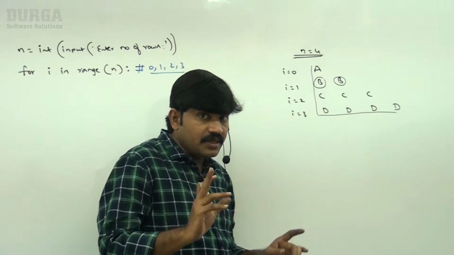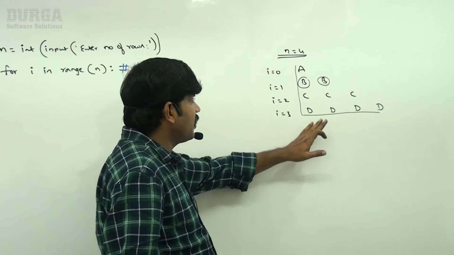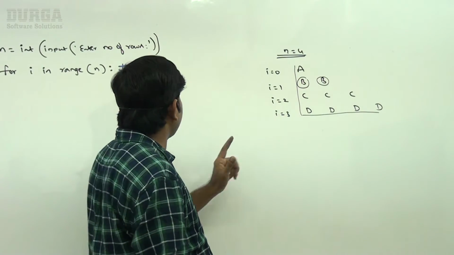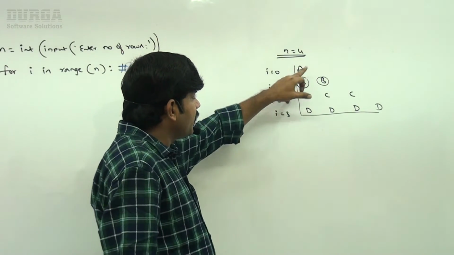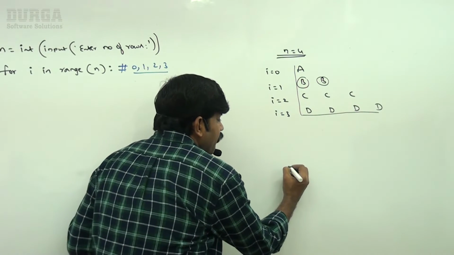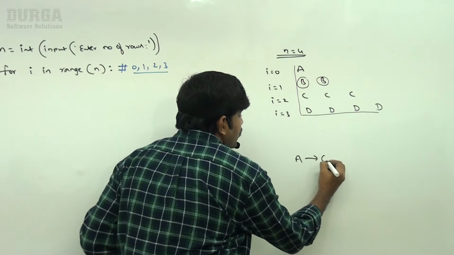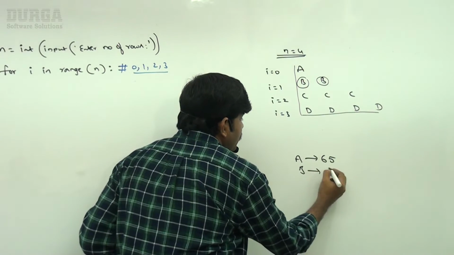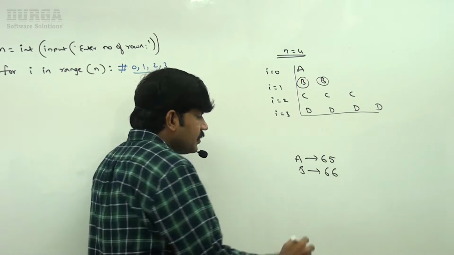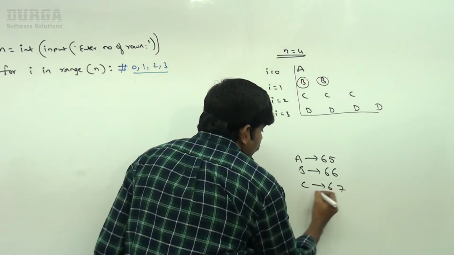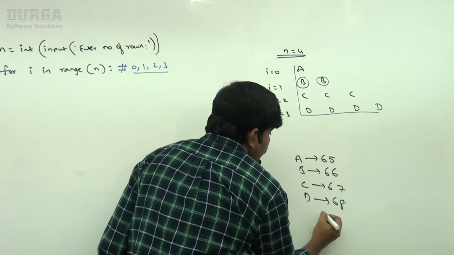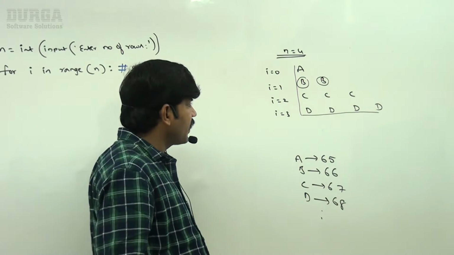Now my target, take very special care about this. I want to print A. A means 65, B means 66, C means 67, D means 68. You know Unicode values, right?